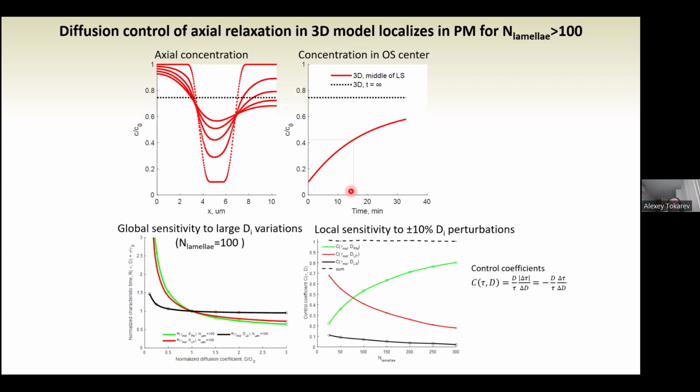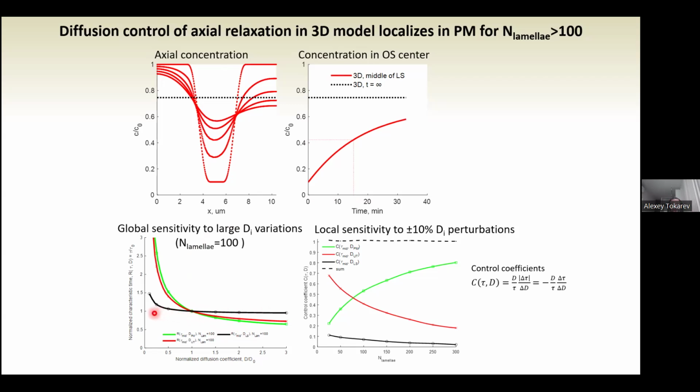What we observe is that when we increase any diffusion coefficient, the time becomes smaller, because the diffusion becomes easier.